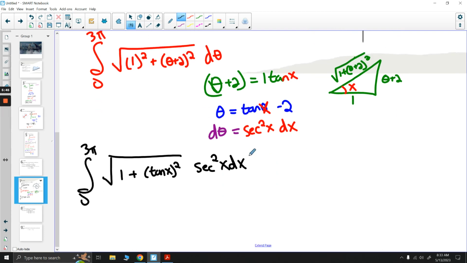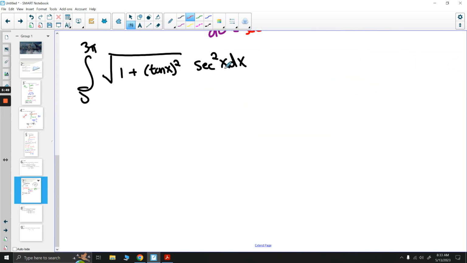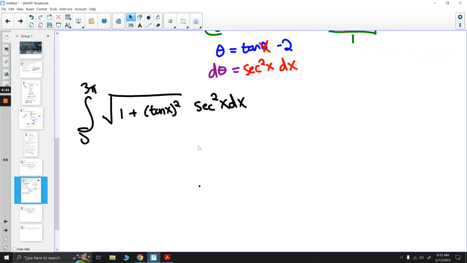Oh no, we are running into that dreaded secant cubed that I run into all the time. I don't know why I write problems like this. Why do I hate myself? Maybe because these curves end up being nice, but whatever. I can already see this is a secant squared, so the square root of secant squared x, and then secant squared x dx.